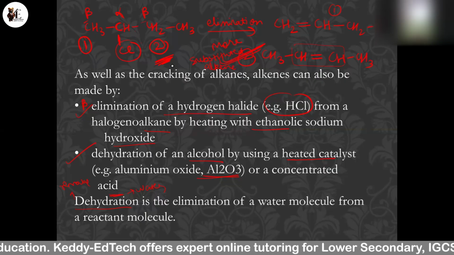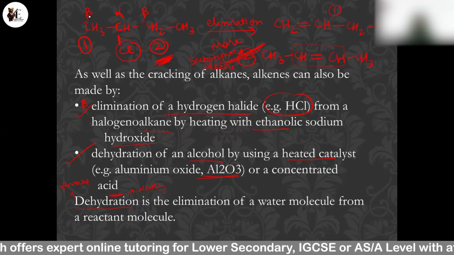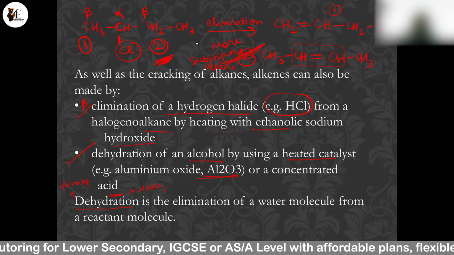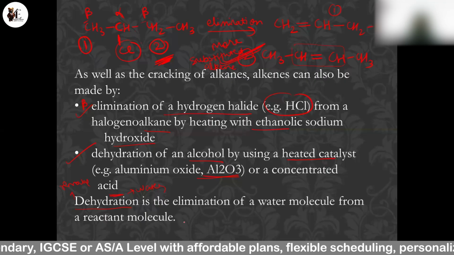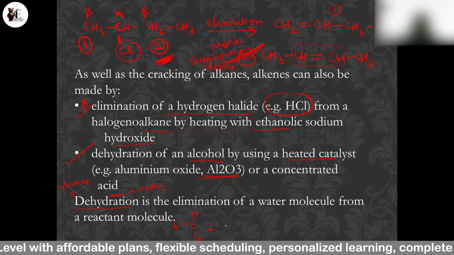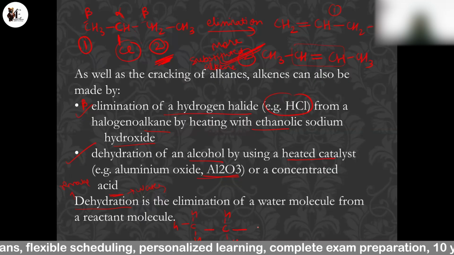Yes. So write it down. Okay, so the next reaction is dehydration of an alcohol by using a heated catalyst. So let us make an alcohol here, CH3, CH, OH, CH3.